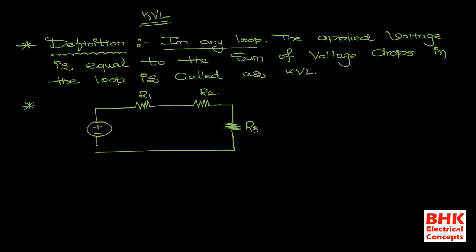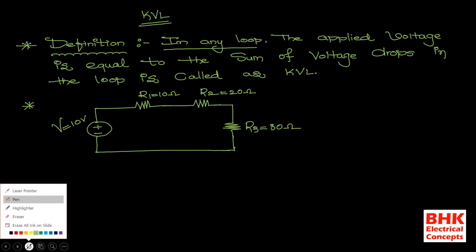Here we are going to apply, for example, some voltage, 10 volts. Now V is equal to 10 volts, and R1 is equal to 10 ohms, R2 is equal to 20 ohms, and R3 is equal to 30 ohms.